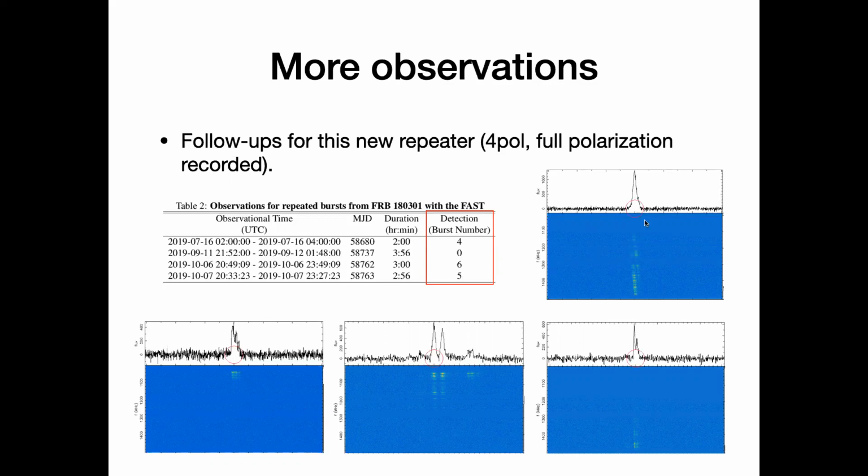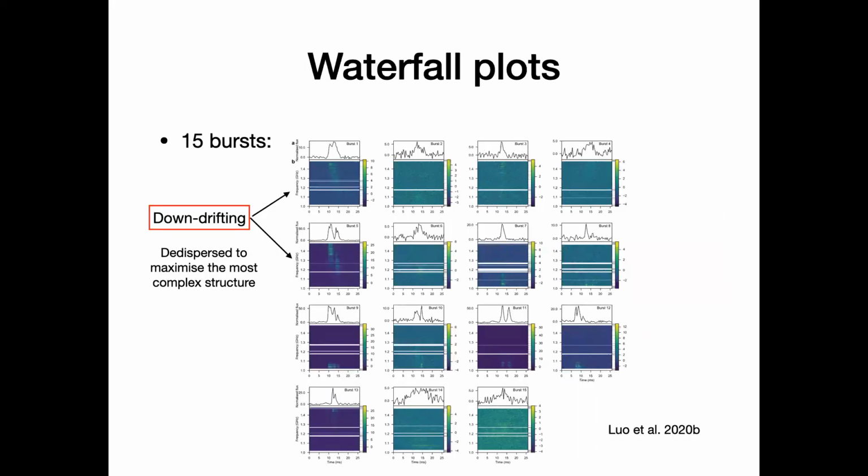You can see for some bursts in the waterfall plot the downward frequency drifting here. Even though the de-dispersion is not so good, you can still see that. In total, we detected 15 bursts.